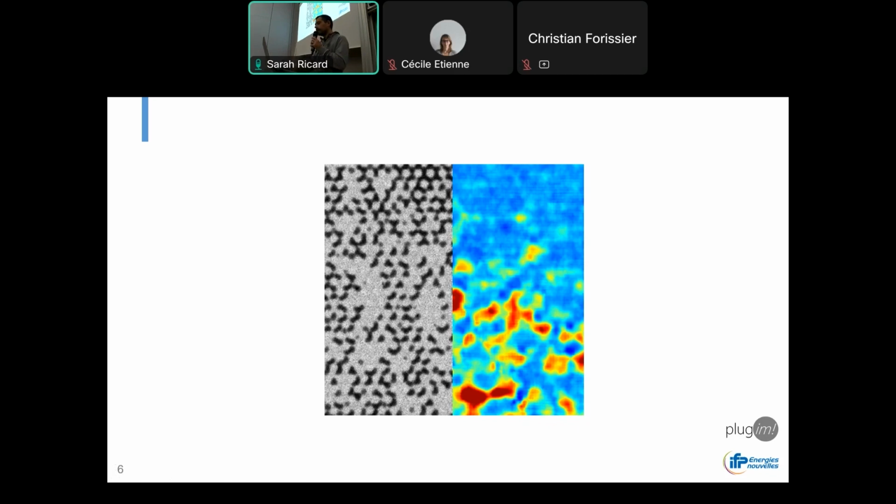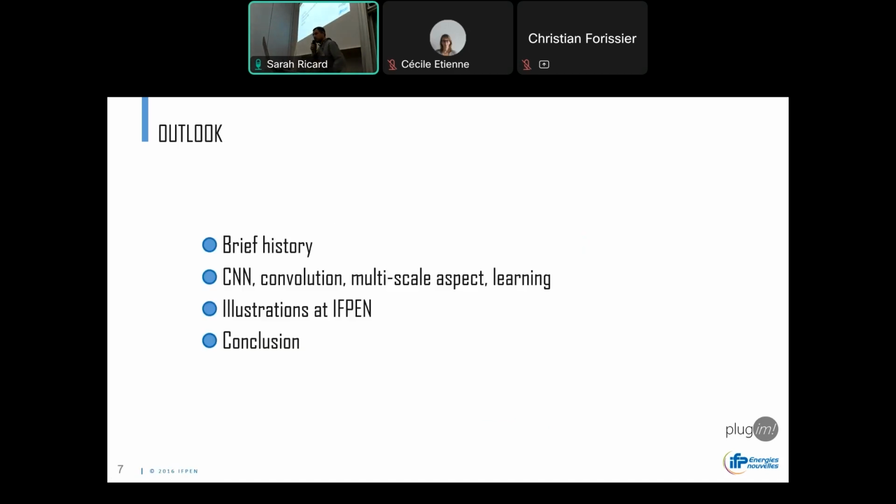In my class, we will see how to do all these kinds of examples and how it works. I will start with a brief history of deep learning. Then we will start for real with CNNs, convolutional neural networks.